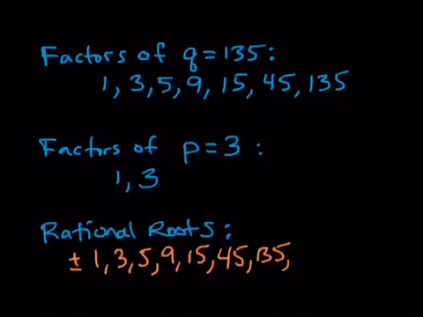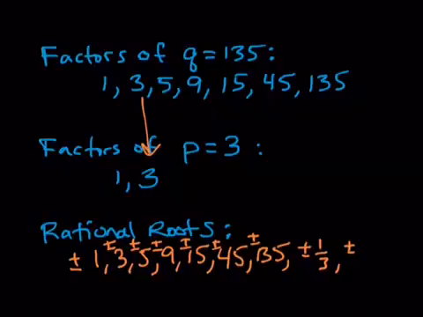Then, I got lazy here, but all of these are plus or minus. Then dividing by 3, we would have 1/3. Then I would have 3/3, but that's the same as 1, which I've already listed, so I'm not going to list it again.